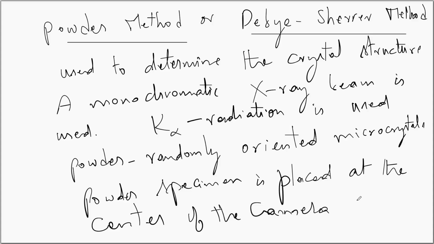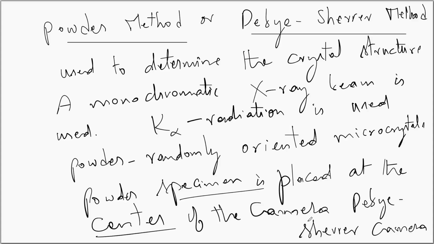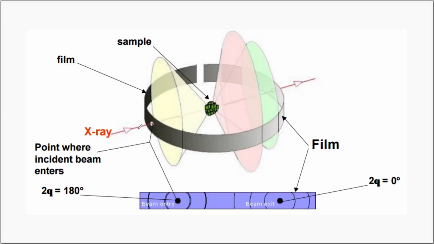This camera is called the Debye camera. When we place the powder at the center of the Debye camera, due to the presence of various crystal planes in the randomly oriented microcrystals present in the powder, we are likely to get diffraction in different possible directions. The Debye camera will be in the form of a thin cylinder with two openings.